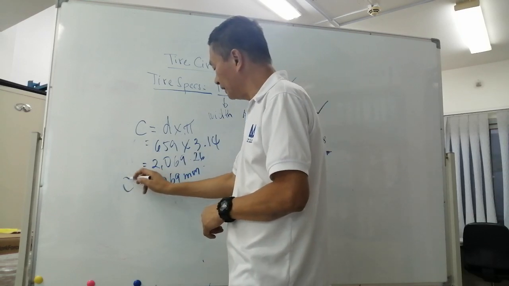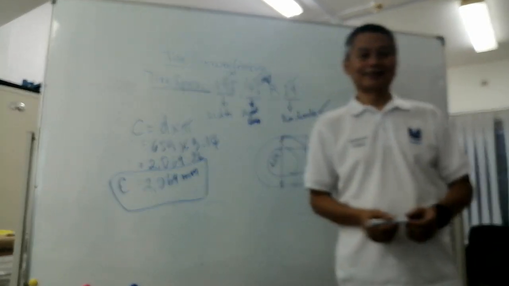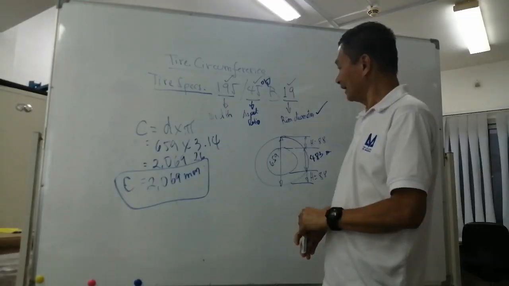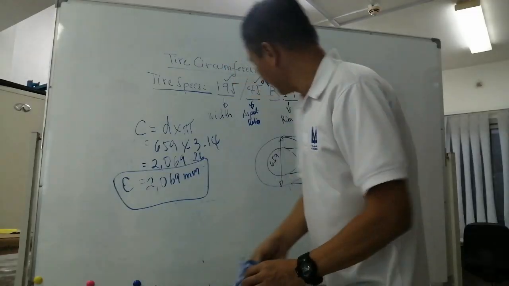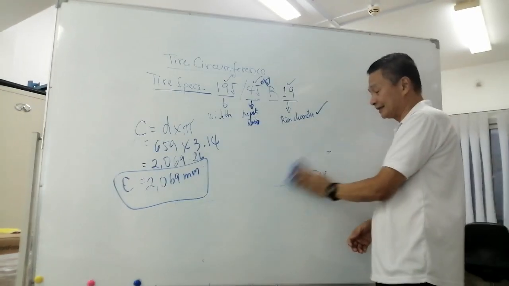That will be our circumference. So now we can say that the circumference of the tire is 2069 mm.